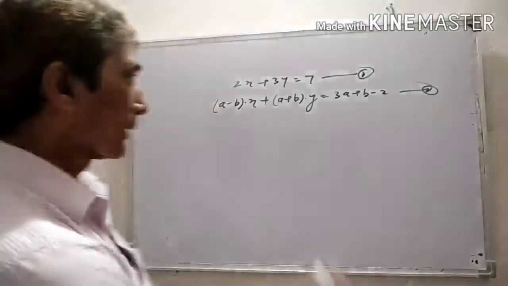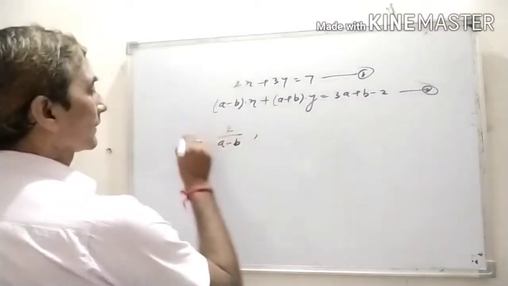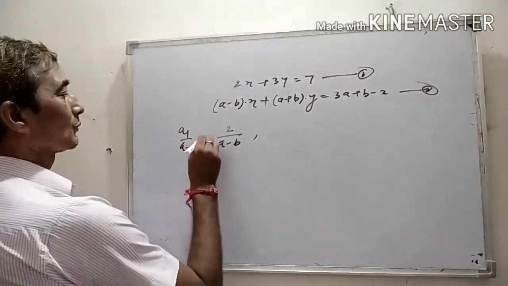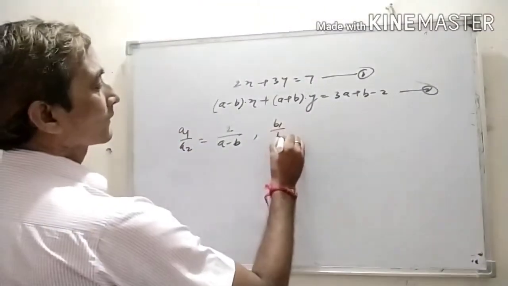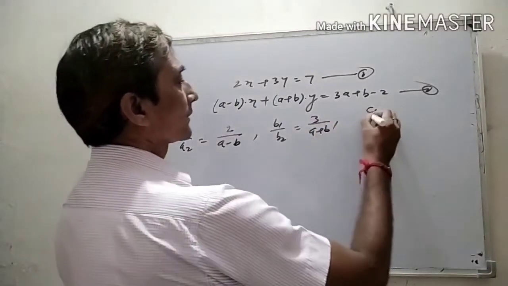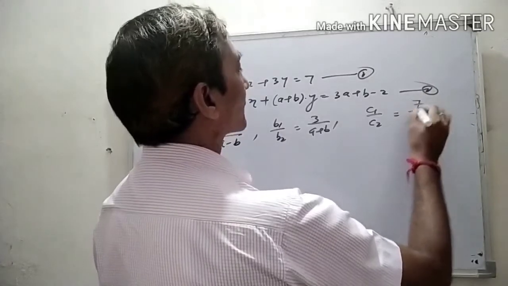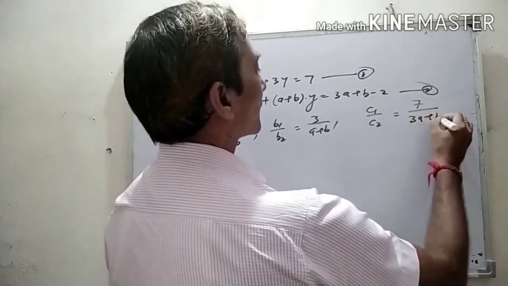Clear? Now come. 2 upon a minus b, a1 by a2 equal to b1 by b2 equal to 3 upon a plus b, and c1 upon c2 equal to 7 upon 3a plus b minus 2.